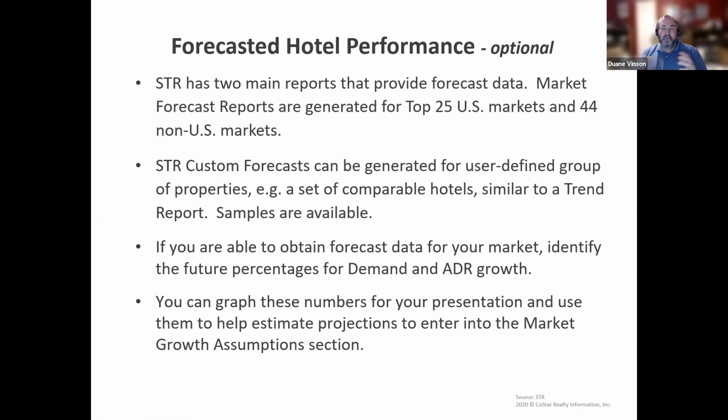Those are the 25 largest in number of rooms for the most part, as well as another 44 or so markets outside of the United States. And as we mentioned, those are going to be the larger capital cities, larger metropolitan markets, gateway cities in countries around the world. So if one of those is available, certainly that's going to make it a whole lot easier for you when you're making your forecasting assumptions here.